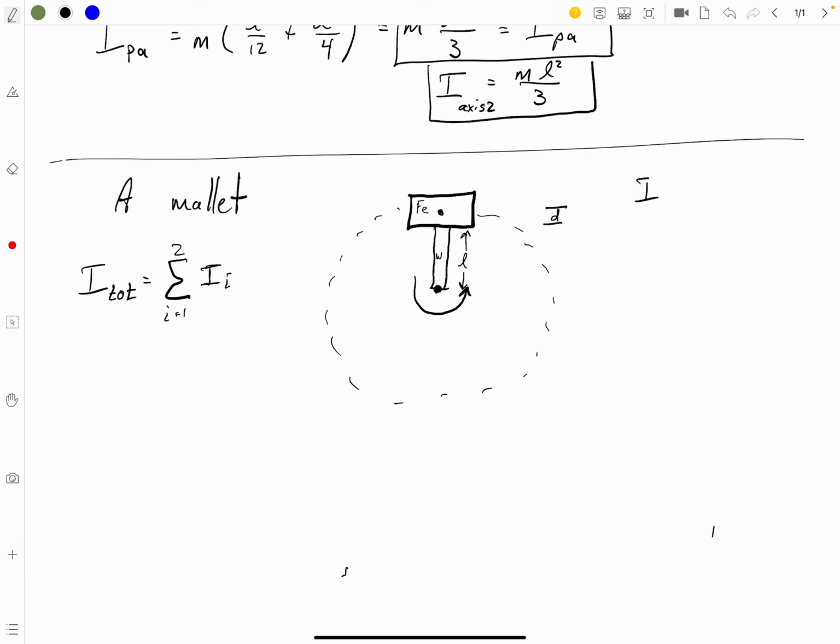So I of the rod, or the handle, is equal to 1/3, I said third and wrote half, mass of the handle times L squared. Okay, and we can put that a little W on mass of the wood handle. Okay, so we've got our 1/3 mass of the wood handle. Okay, fine. Now we can do our I mallet.